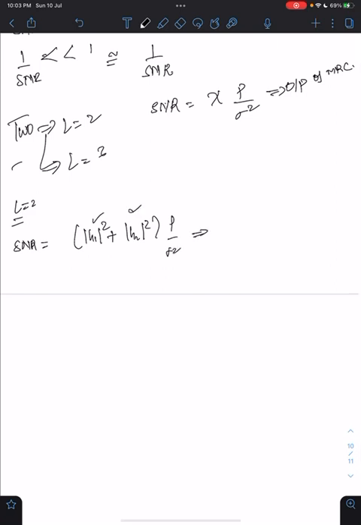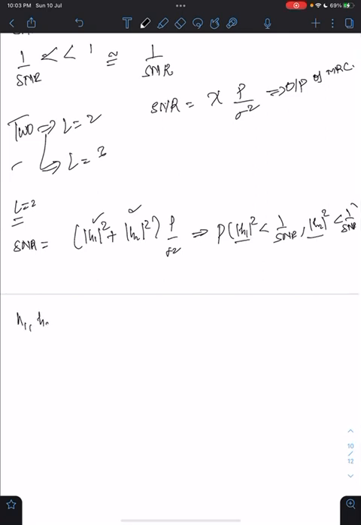So this is the probability of mod of H1 square less than 1 by SNR and mod of H2 square less than 1 by SNR. This probability is basically the probability that SNR goes to 0, that SNR is disastrously low. So we know that H1 and H2 are IID.